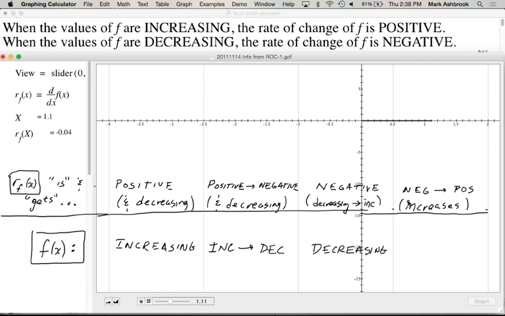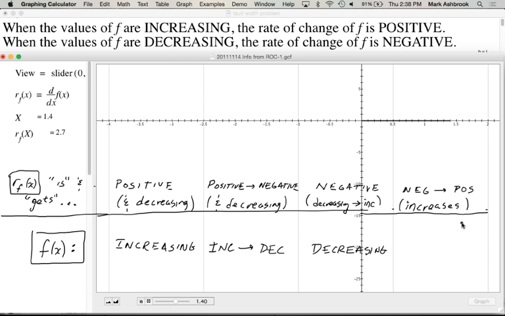Why is that tricky? Because when you have a less negative rate, what's happening to the quantity? It's changing faster or slower? See, it's changing slower. But because it's a negative rate, changing slower at a negative rate means an increasing rate of change.